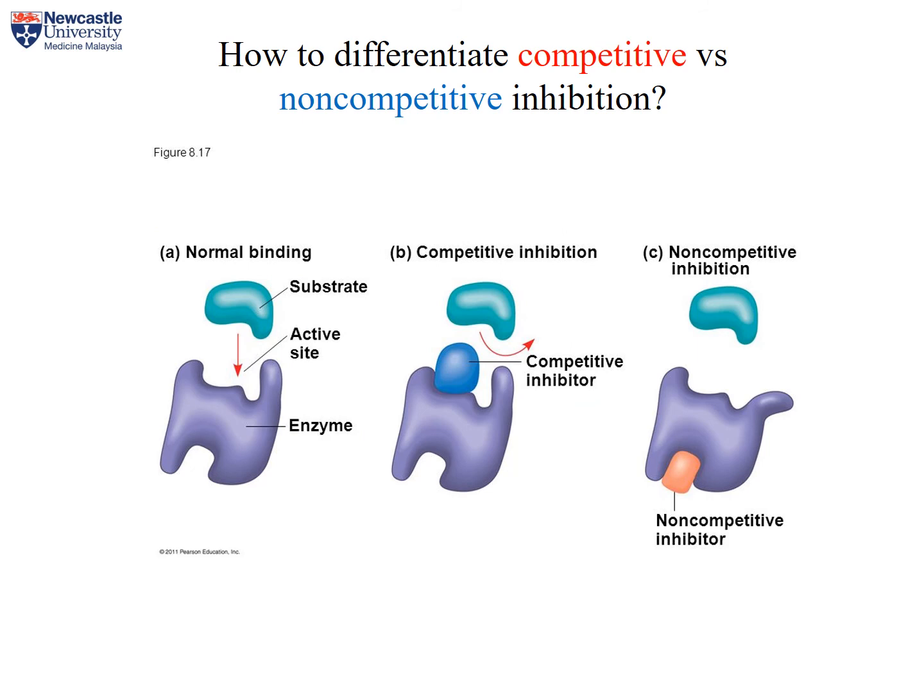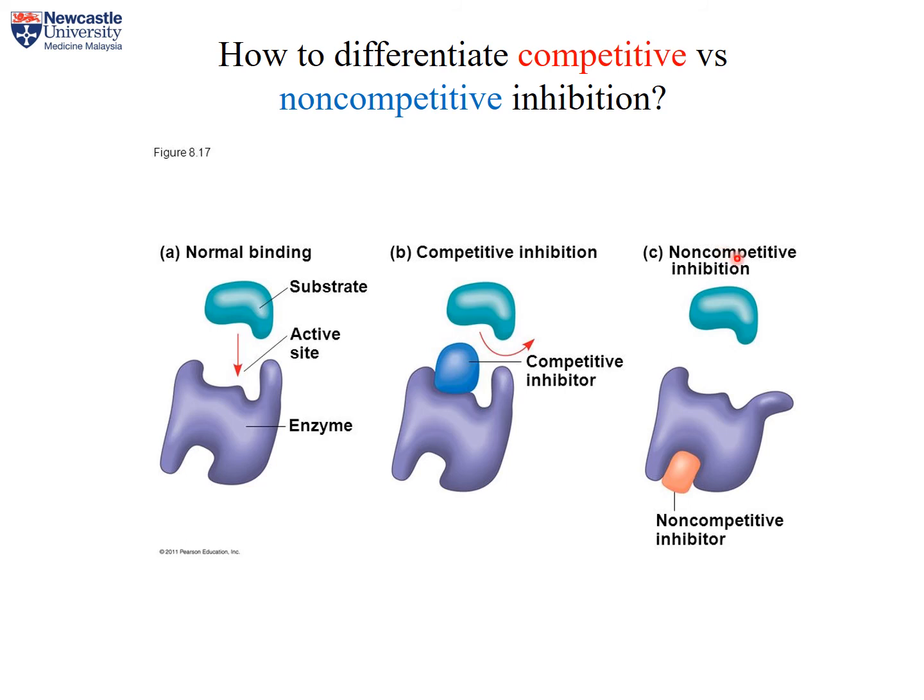So how do we differentiate between competitive versus non-competitive inhibition? In a normal enzyme binding event, the substrate will bind straight to the active site, but in competitive inhibition, the inhibitor will compete for the same active site, hence increasing the Km.